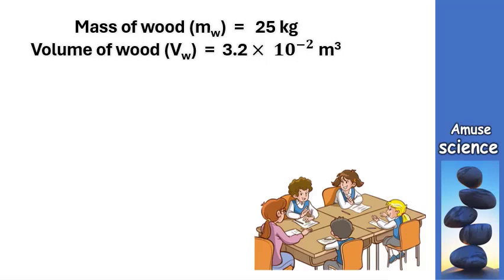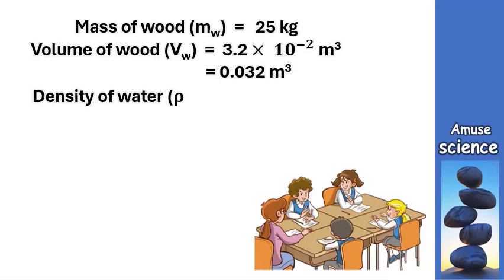Now let's write this in decimals to make our computations easy. We are going to get 0.032 cubic meters. We have also been given that the density of water, which is a constant, rho W, is going to be 1000 kilograms per meter cube.